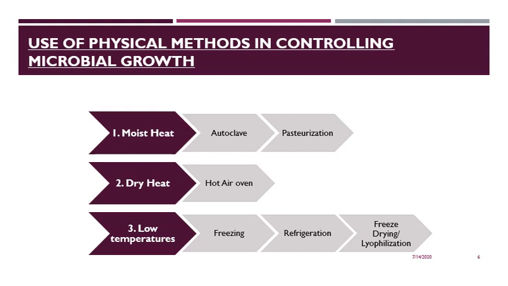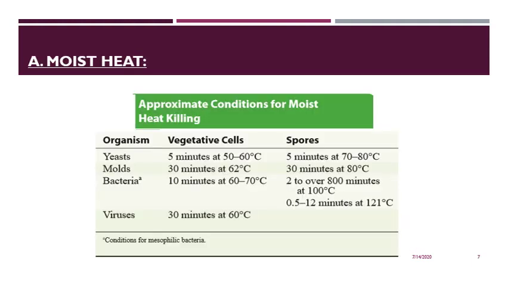Class, today we will cover two portions: the moist heat, in which we will discuss autoclave and pasteurization, and the other portion is dry heat, which includes the hot air oven. The third one is low temperatures, which includes freezing, refrigeration and freeze drying. We will cover this topic in our next lecture. First of all, moist heat.